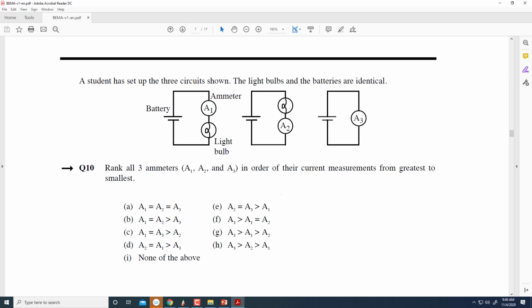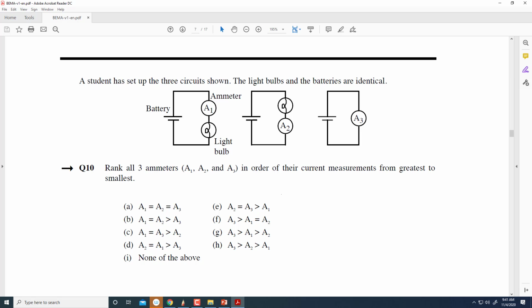So the ammeter is an inactive component. It doesn't contribute to anything in the circuit. You can just assume that there is a wire. You can replace this with a wire. Its only function is to measure the current.